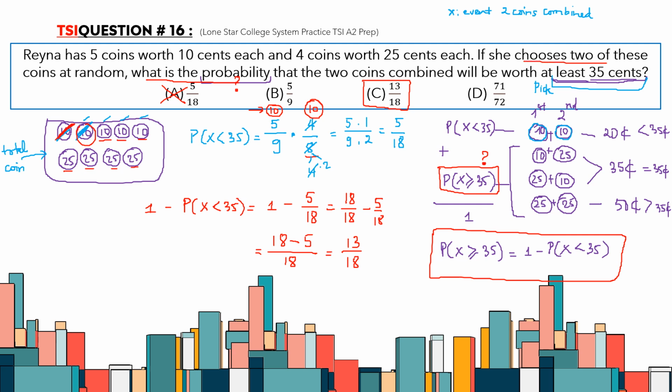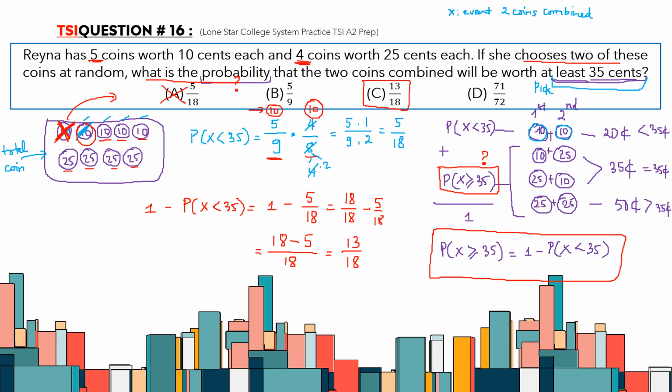So when they choose 2 coins, after they choose the first coin, they take it out, they do not replace the first chosen coin back in. So at first, it will be 9 coins total: 5 coins of 10 cents and 4 coins of 25 cents. So the total at first is 9. After we pick 1 out, we take it out, so we only have 8 left.